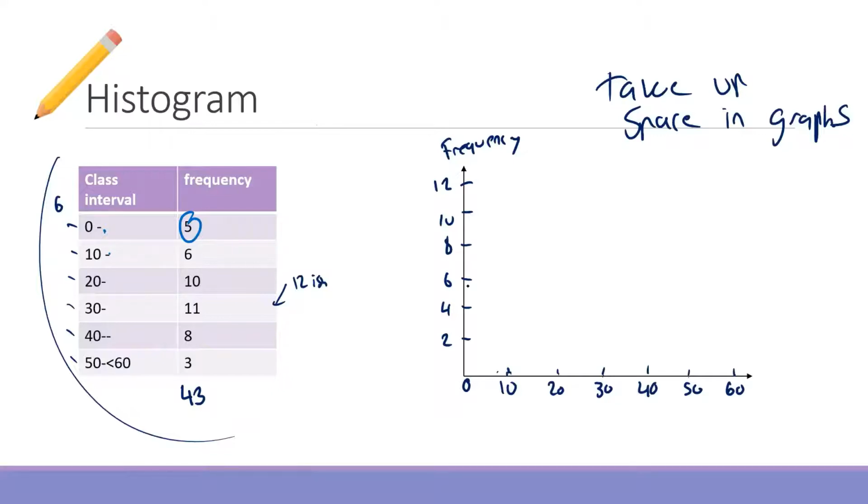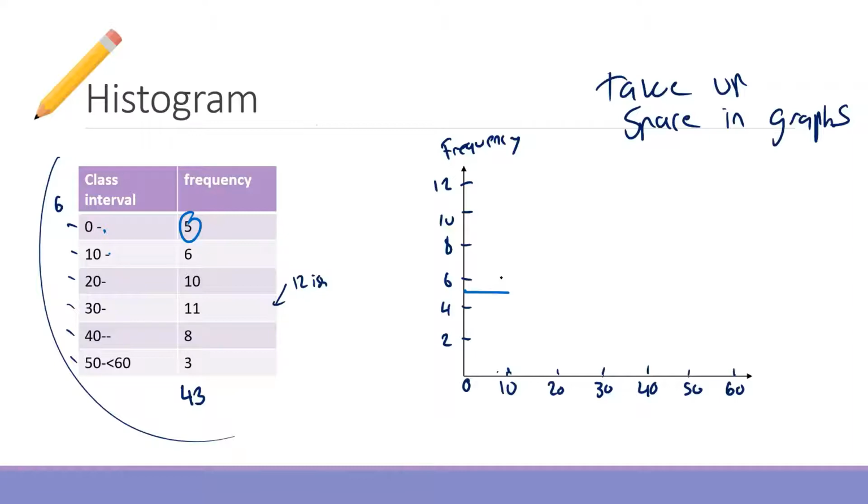So how do we do this? What we do is we draw a line from this 0 line across to the 10 line, like that. And at this point here, you've got a couple of choices.